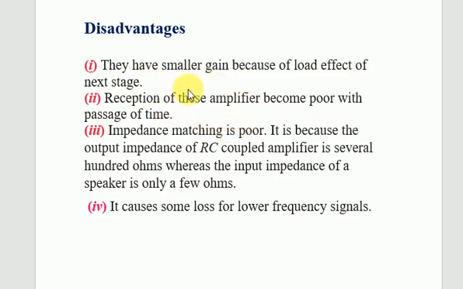Because of noise in the RC coupled amplifier, reception becomes poor as time passes. Also, impedance matching is poor for an RC coupled amplifier. It is because the output impedance of RC coupled amplifier is several hundred ohms, whereas the input impedance of a speaker is only a few ohms. We know that input impedance must be high and output impedance must be low.